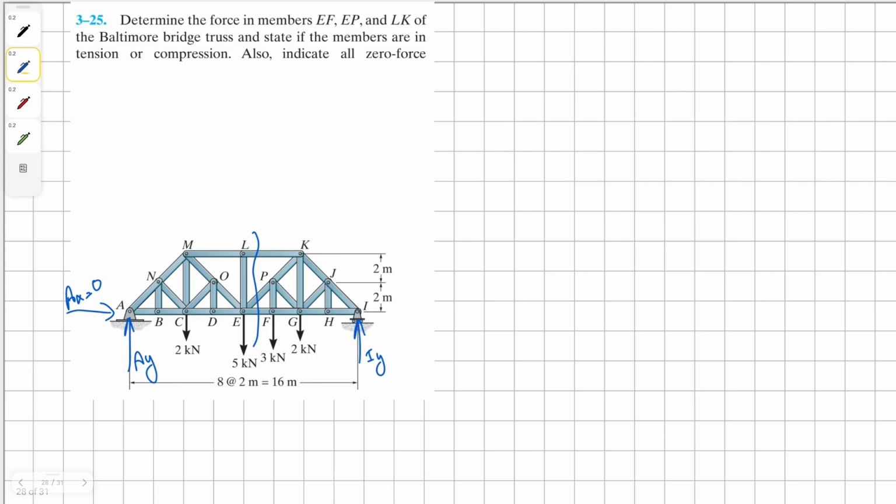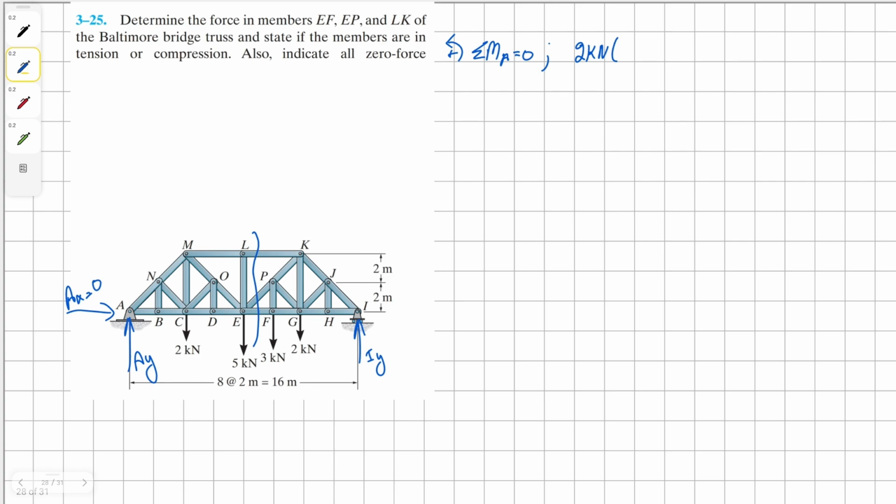Okay, so this means I just need the external reaction force for I, and I can find that by taking the moment about the point A. We're going to have clockwise 2 kilonewton forces.